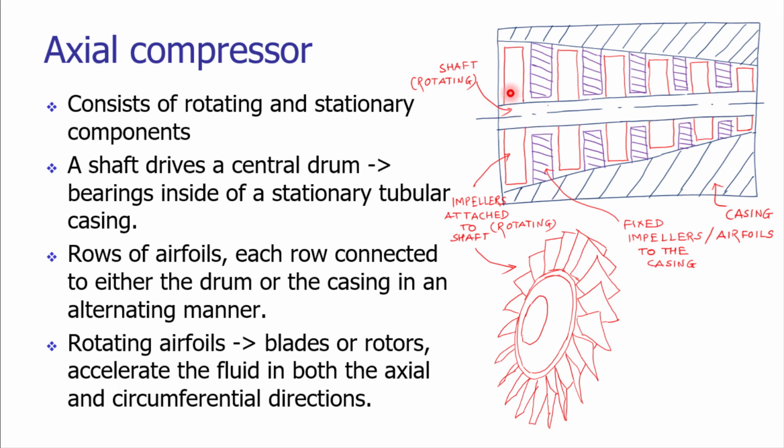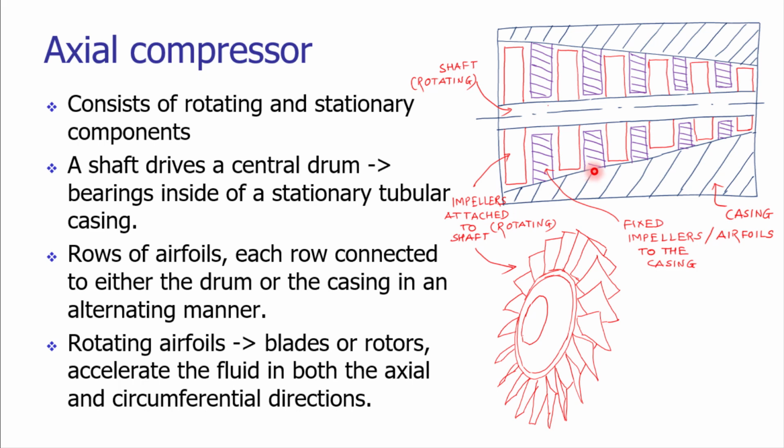The shaft has rows of airfoils. There are many rows of impellers or airfoils attached to the shaft. In between these airfoils attached to the shaft, there are rows of airfoils as well which are fixed to the casing. On your screen you can see the casing.